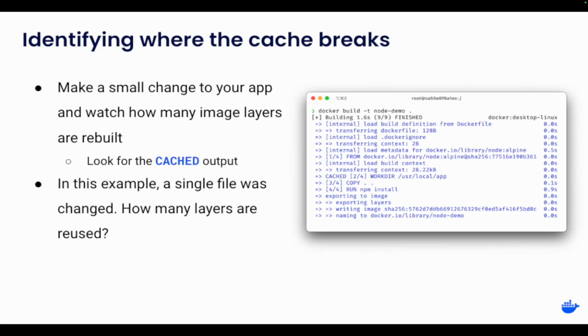It simply was pulled from a layer that sat on the local file system. The copy and run statements below that were not cached because you don't see the cache statement next to it. So we can look at the layers and understand which ones were actually reused and which ones were not. This is an easy way to understand where the caching is happening. I'm going to show another way of doing that a little later in the presentation.